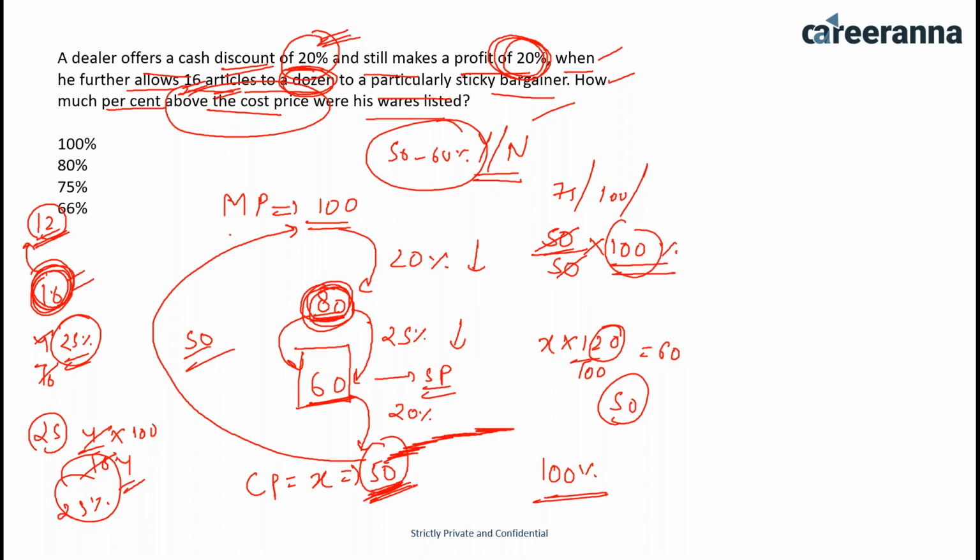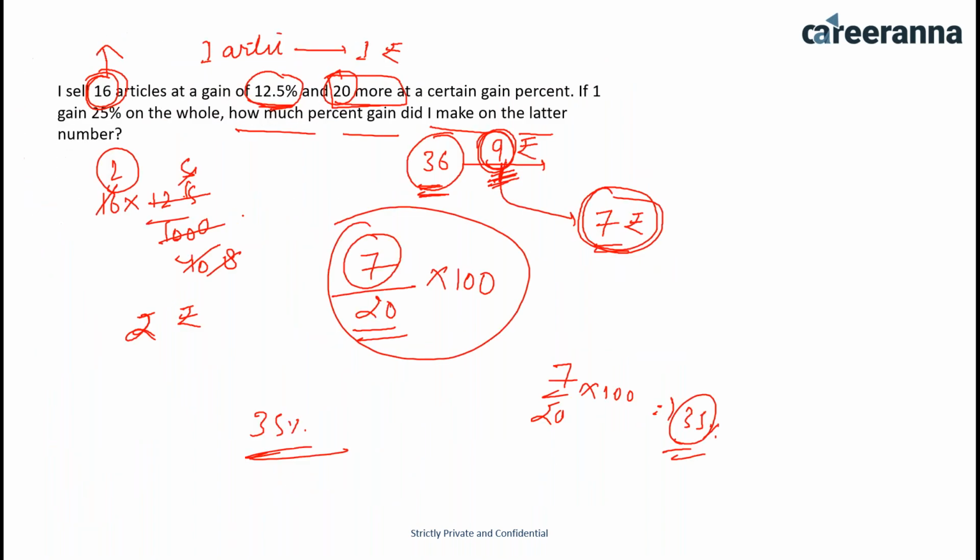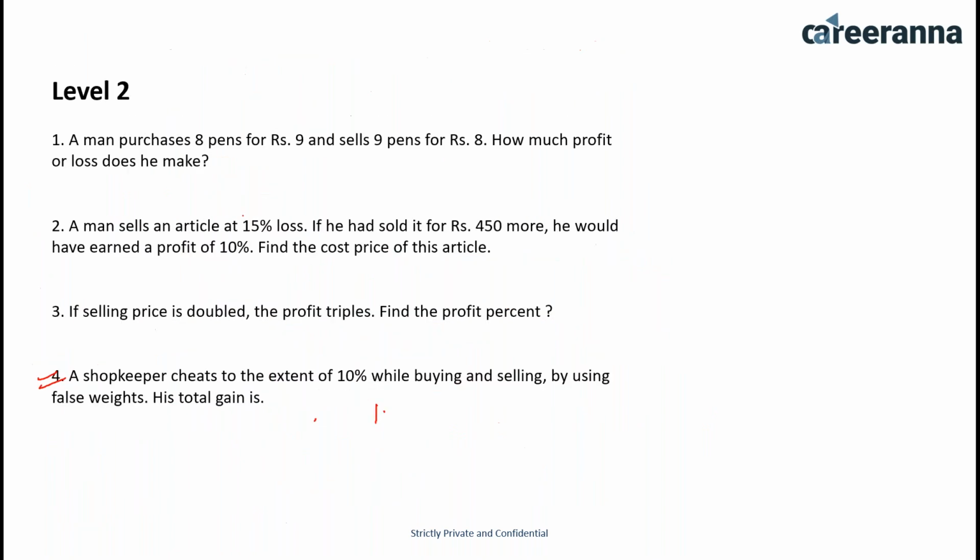First question of level 2. Oh, I'm not getting your point, Oshin. Okay, first question of level 2. Let me check. This question, is it? Actually, I don't remember it.